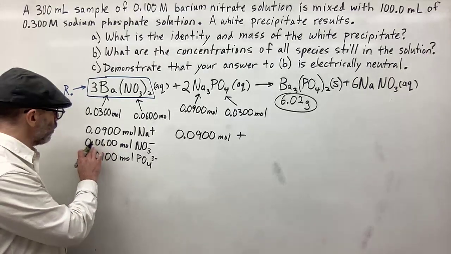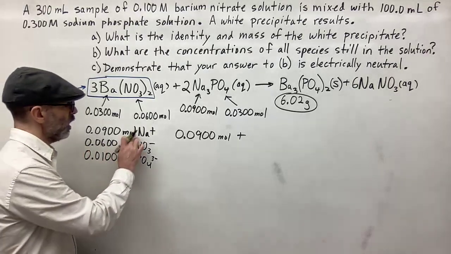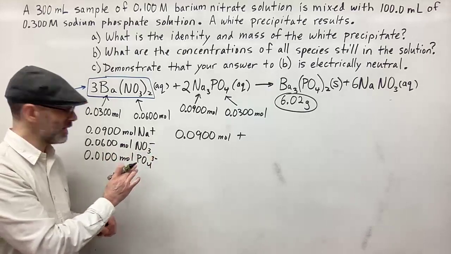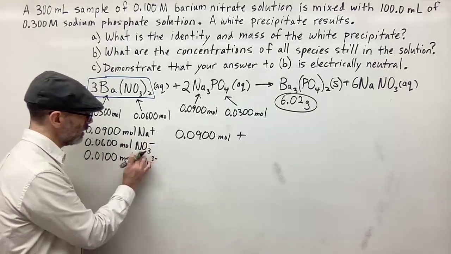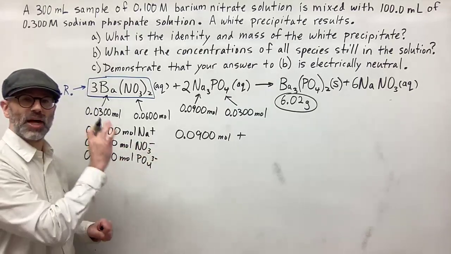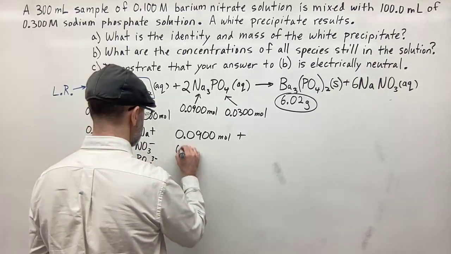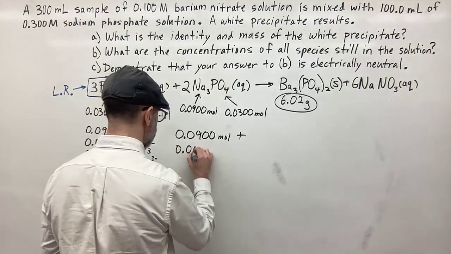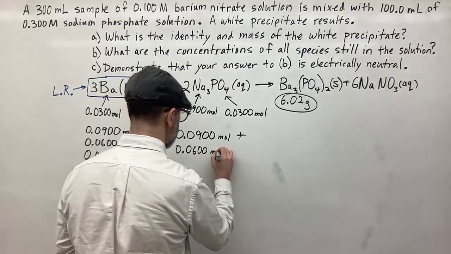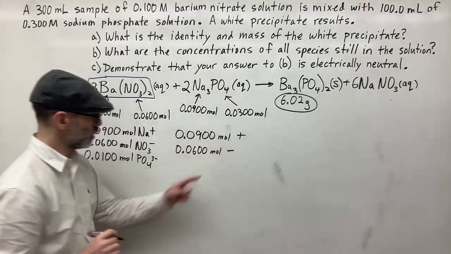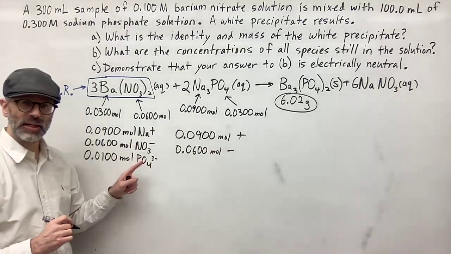So we have 0.0600 moles of the, did I say sodium? I meant nitrate. So nitrate in solution, each nitrate has a -1. So that means that we're going to have 0.0600 moles of negative charge from the nitrate.